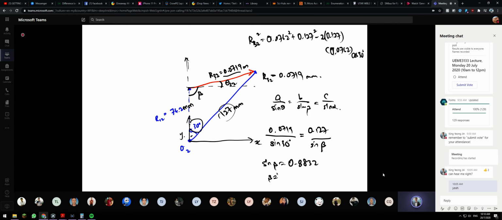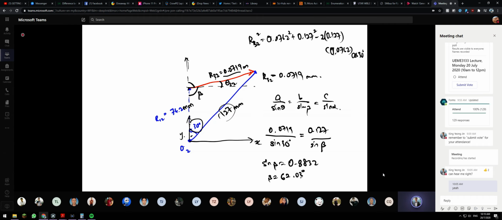Okay, I get my beta is 62.03. But if you look at that, that is impossible to have 62.03, yeah. So it means that whatever we calculated is actually this angle, okay?